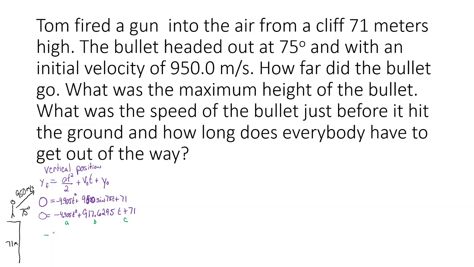Negative b, so negative 917.6295 plus or minus the square root of b squared, which is 917.6295 squared, minus 4 times a times 71, all over 2 times a. All right, now I'm going to begin to simplify a little bit.